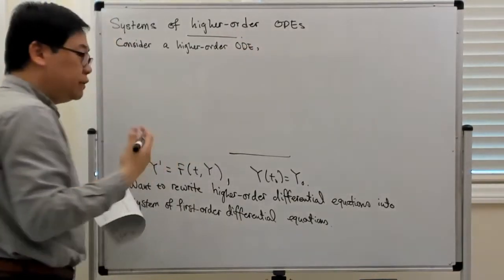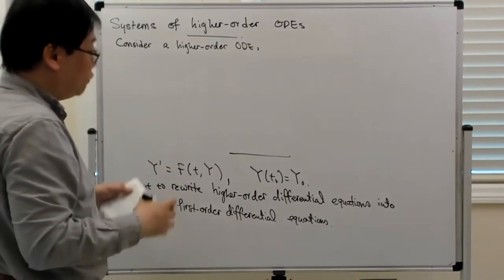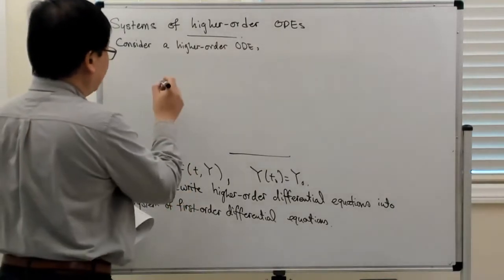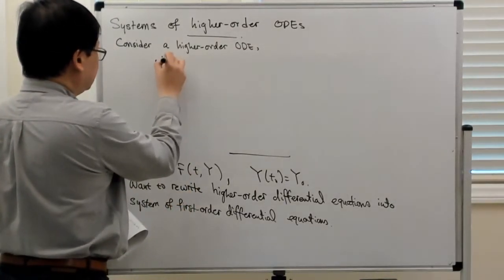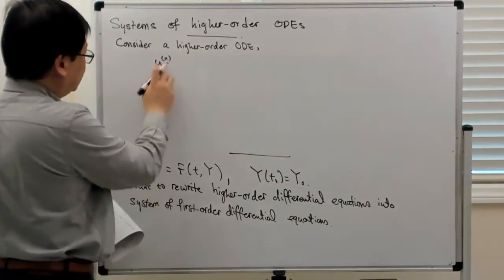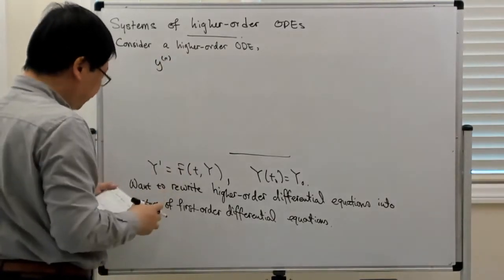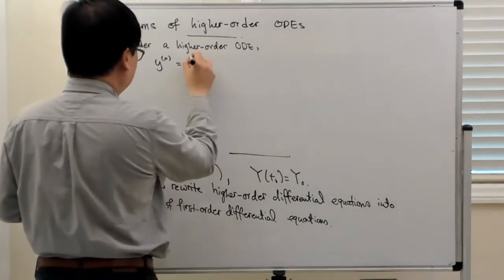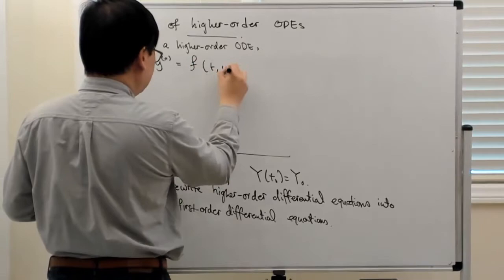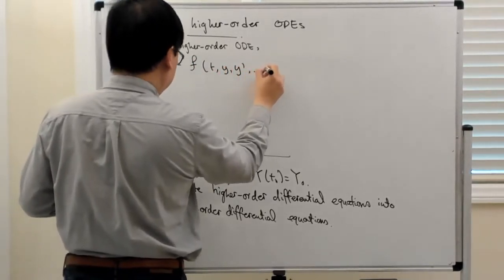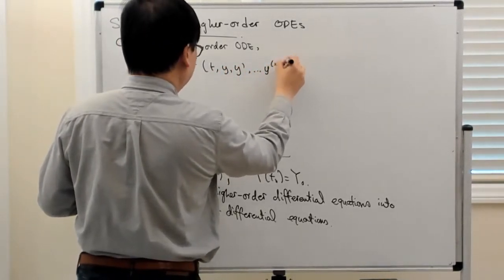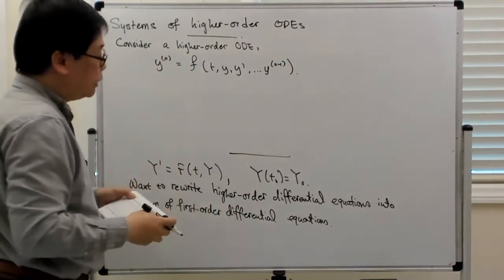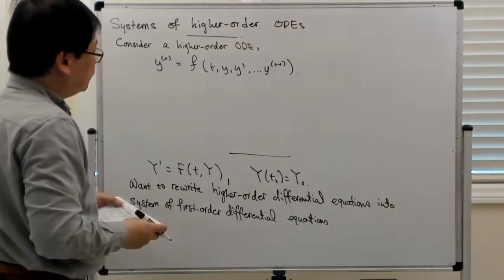What is meant by a higher order differential equation is something which involves, as the name implies, higher order derivatives of the function y, which is the unknown. So let's just say the nth derivative, y superscript n with the parentheses, denotes the nth derivative of y with respect to time, is equal to some function f of t, y, y prime, all the way up to, say, the (n minus 1)th derivative of y. Okay. So we're going to consider this to be the general form of this higher order differential equation.